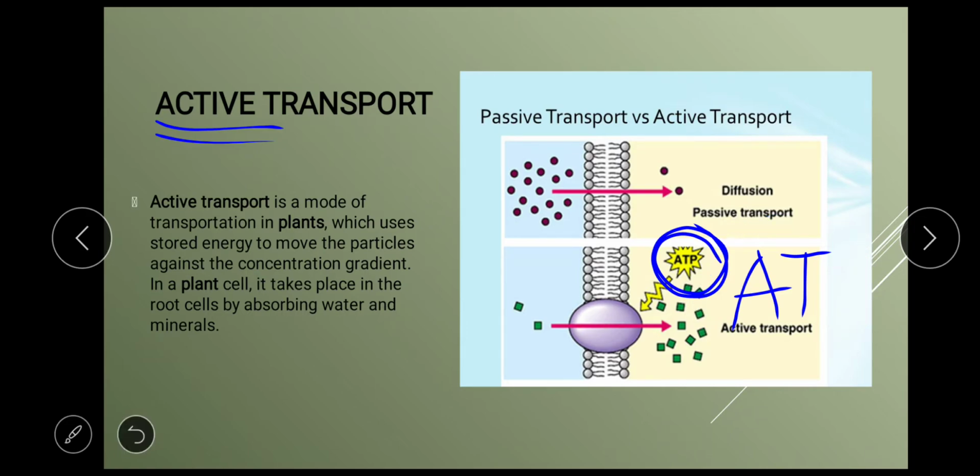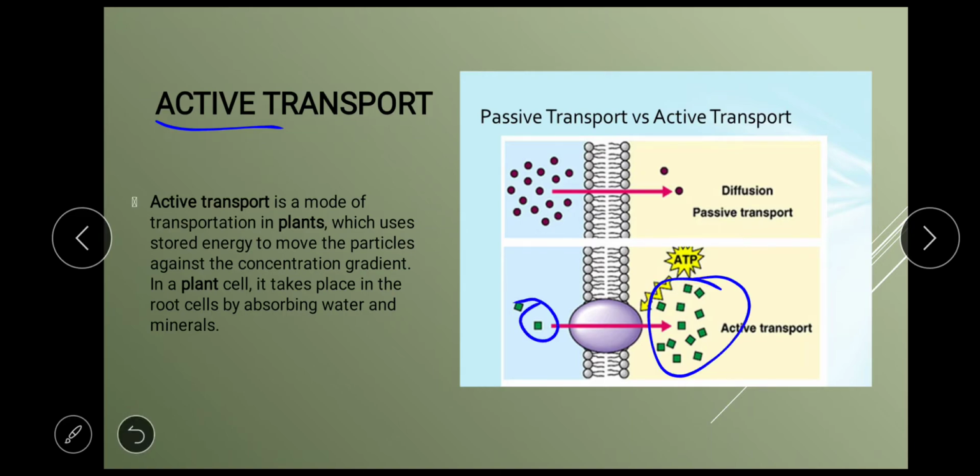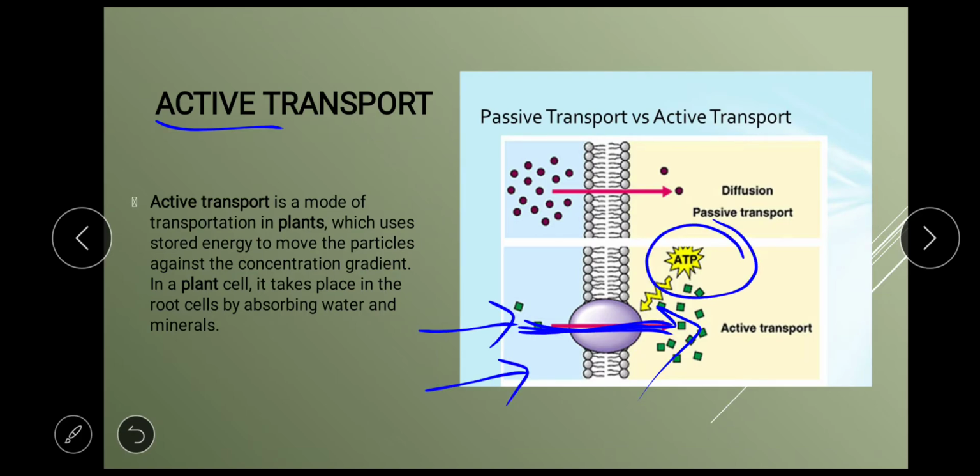So we apply energy because there are more particles here and fewer particles there. Actually what should happen is from more to less, but we don't want this, we want from less to more. So we have to apply some energy. From here we will apply some energy. That energy is called ATP.